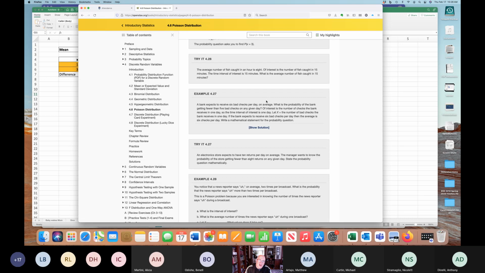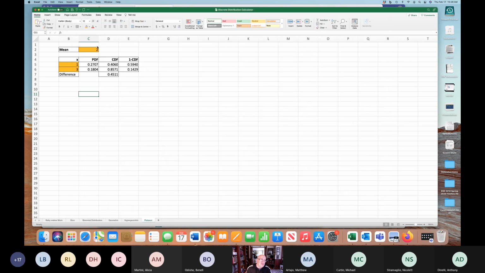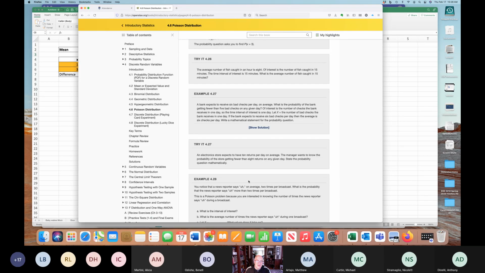Here it's 6 bad checks a day, and they're asking questions about a day. So the item of interest is the number of bad checks. Of interest is the number of checks the bank receives in 1 day. So the interval of interest is 1 day. Let X be the number of bad checks.